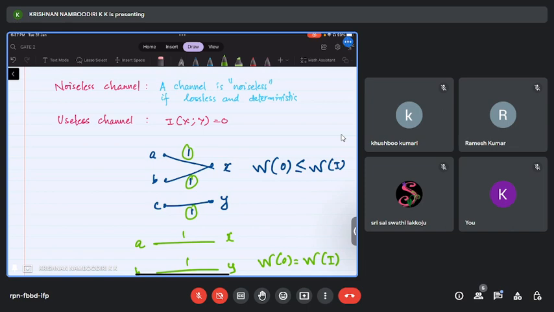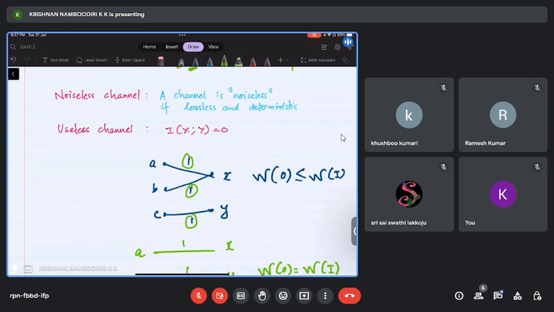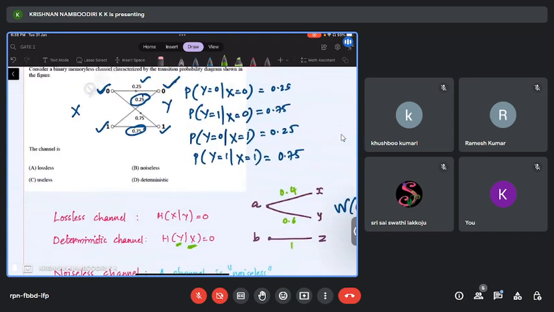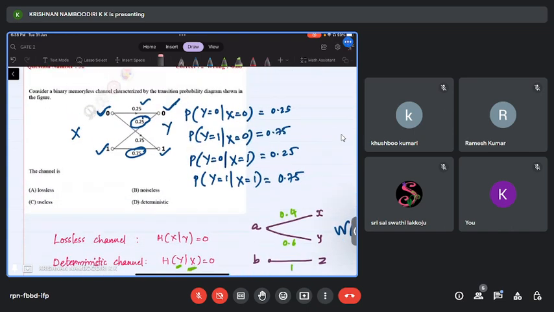So finally, if you look at the channel in the question, do you think it is lossless or noiseless or deterministic? Is it lossless first of all? Say if I receive 0, do I know which one is the transmitted bit?